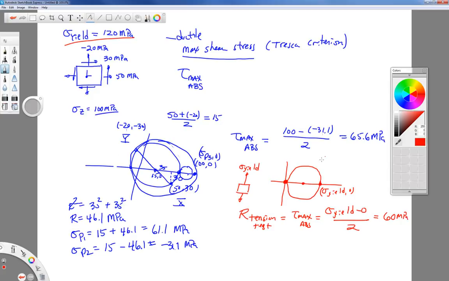And we take a look now, 65.6 is greater than sigma yield over 2. So, therefore, the material yields by this failure criterion.